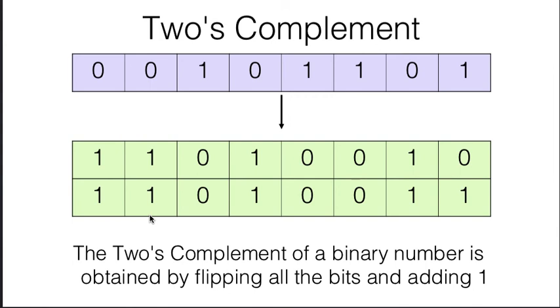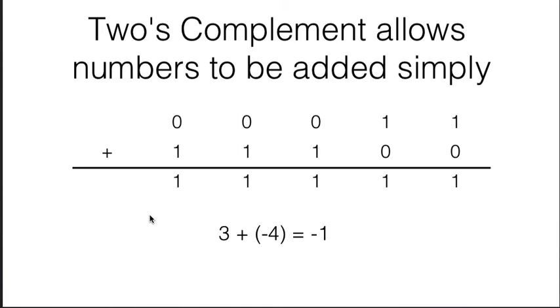That's a positive integer. To get the negative equivalent of that, we flip all the bits and then add 1 to the least significant bit. And the advantage of this is that then things can be added together more simply.